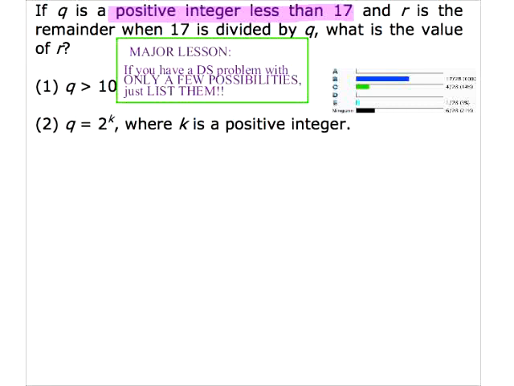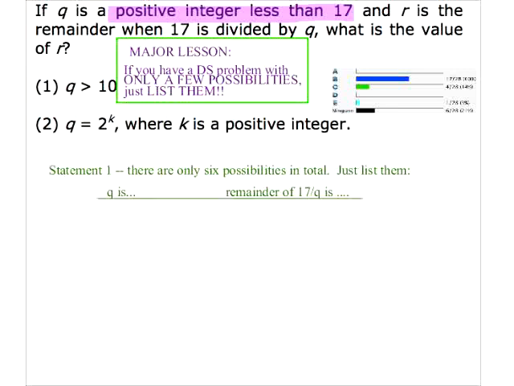So just list them. Pick a Q, and then the remainder of 17 divided by Q.